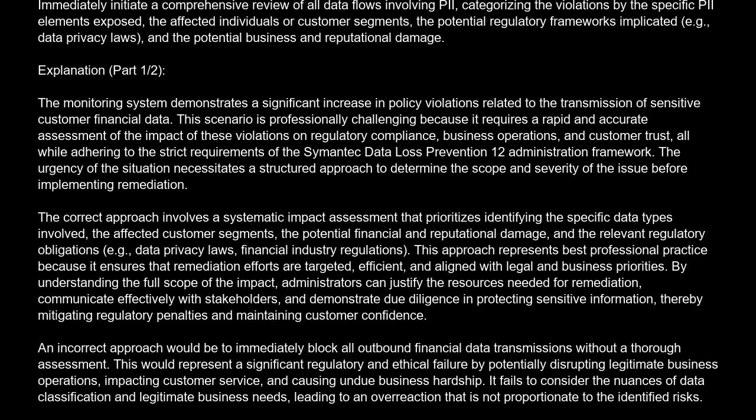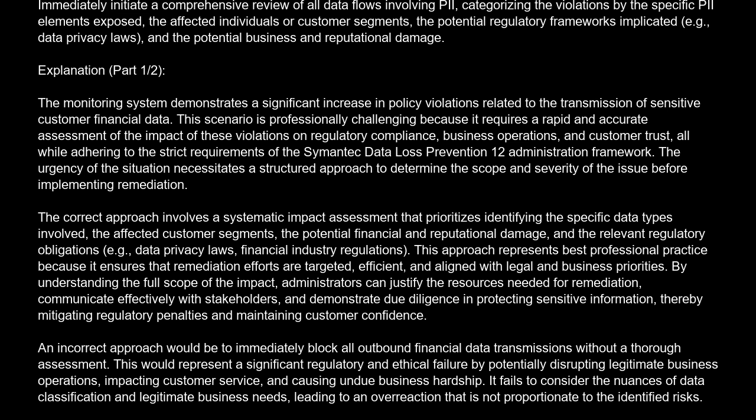remediation. The correct approach involves a systematic impact assessment that prioritizes identifying the specific data types involved, the affected customer segments, the potential financial and reputational damage, and the relevant regulatory obligations, e.g., data privacy laws, financial industry regulations.